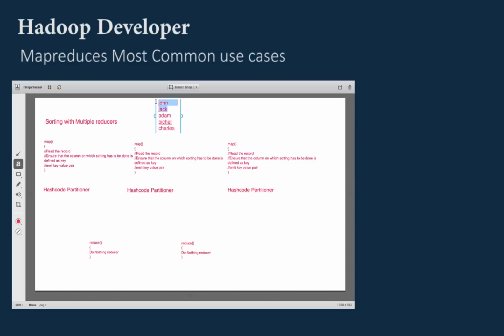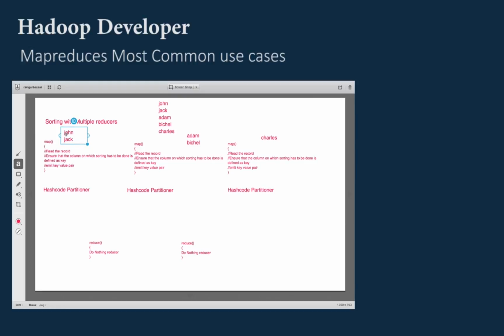Now let's say John and Jack went to the first mapper, Adam and Bishil went to the second, and Charles went to the third mapper. When it comes out, the hash code partitioner will, based on the hash code, define where each record should go.